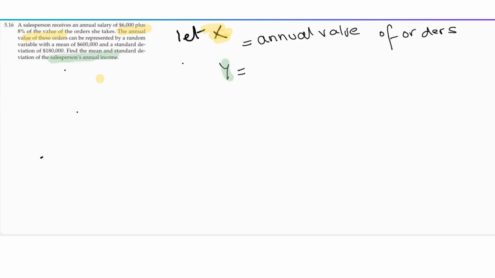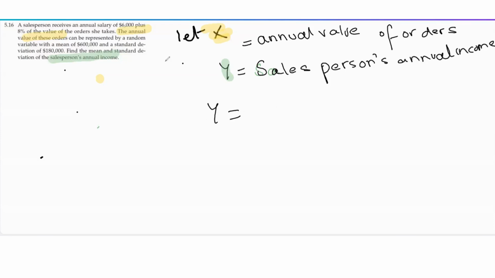Y is the linear function of X that we want to find. So the first thing is we defined the two random variables. X is the annual value of these orders, and Y, whose expected value and standard deviation we're interested in, is the salesperson's annual income.